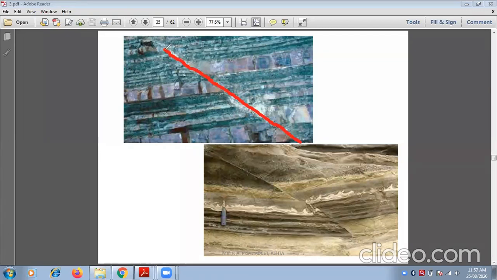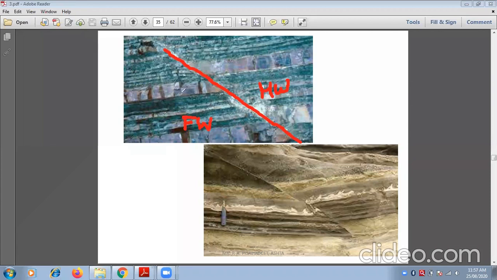The block which is above the fault plane is considered as a hanging wall. Always the hanging wall is above the fault plane, and the block which is below the fault plane is the footwall, hanging wall and footwall.